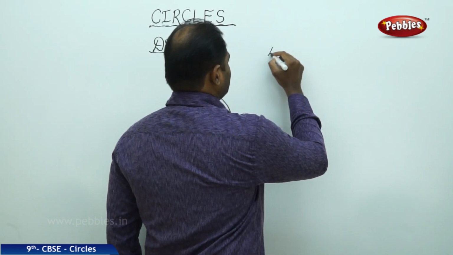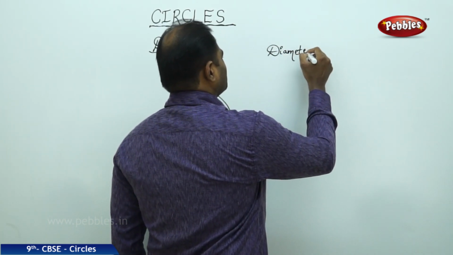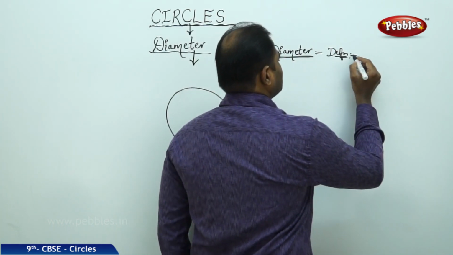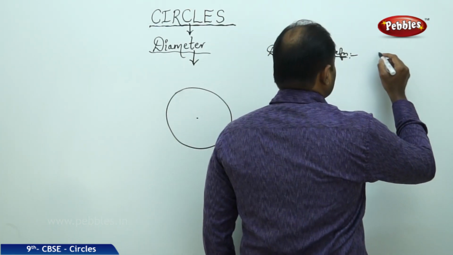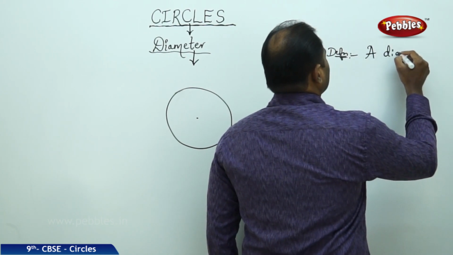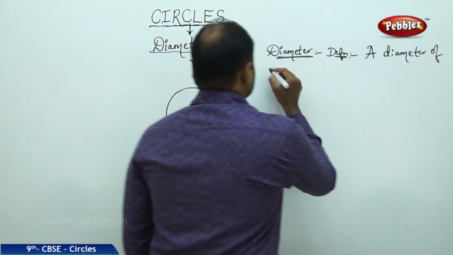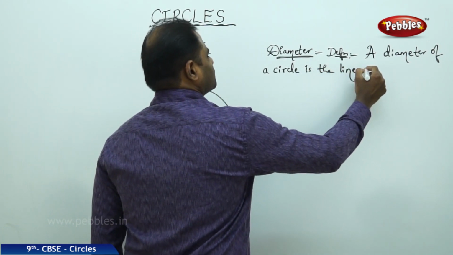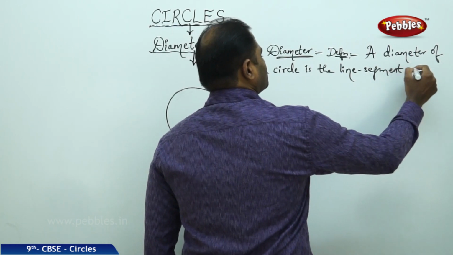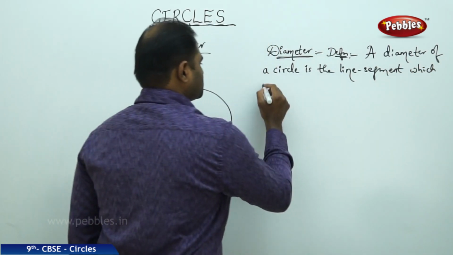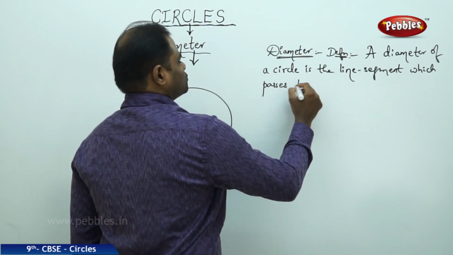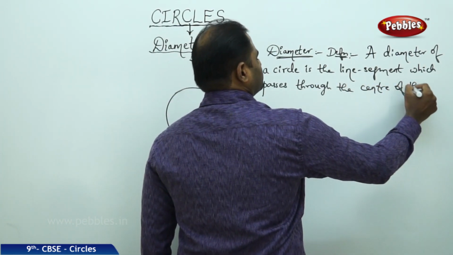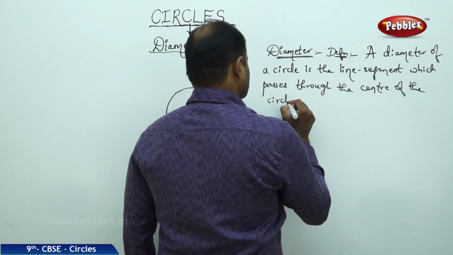So here comes the definition of the diameter. A diameter of a circle is the line segment which passes through the center of the circle.